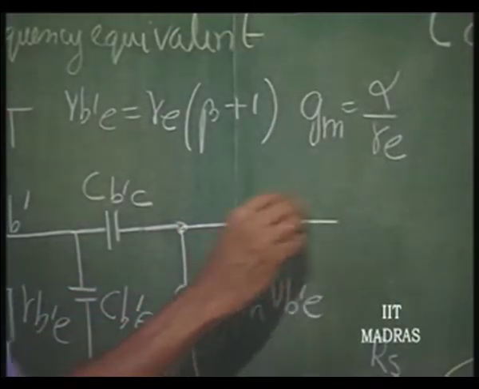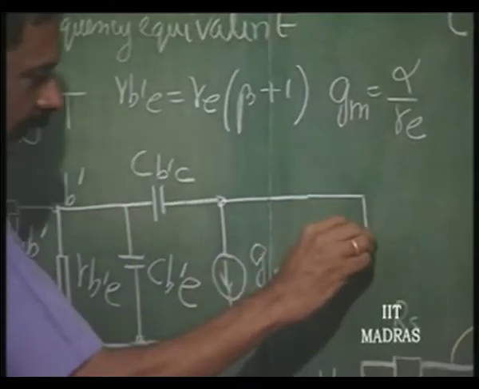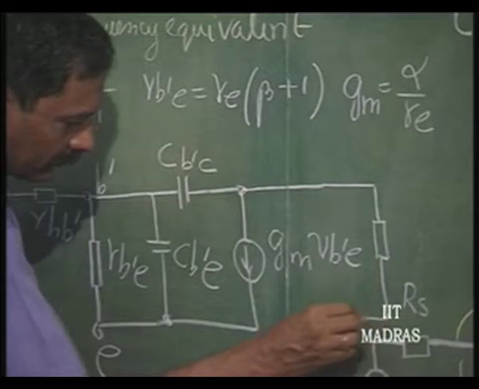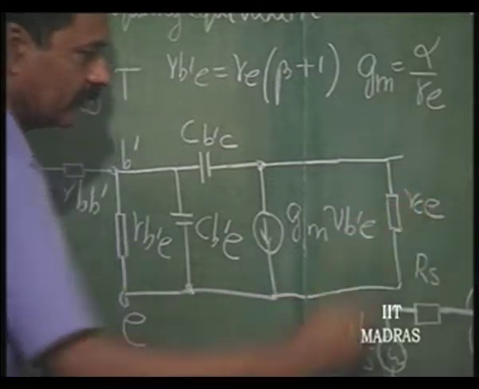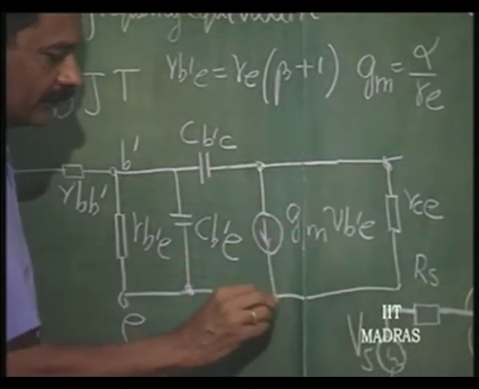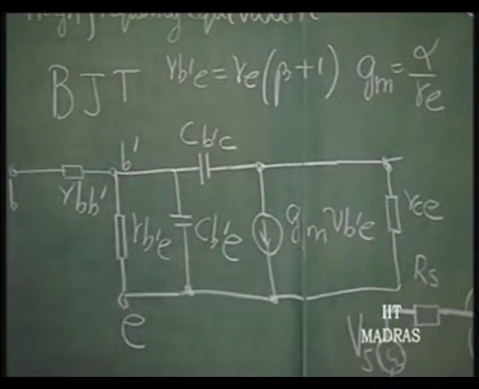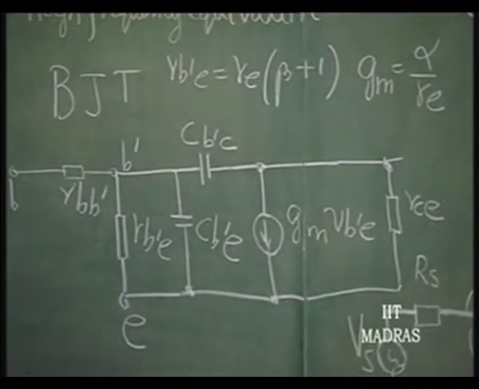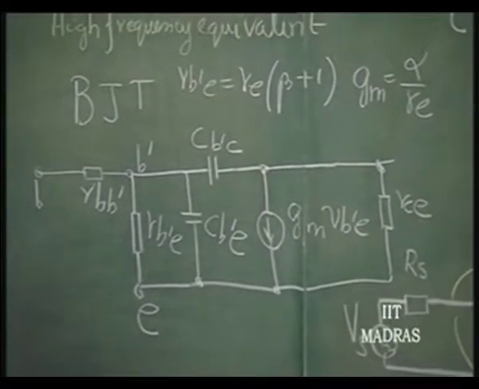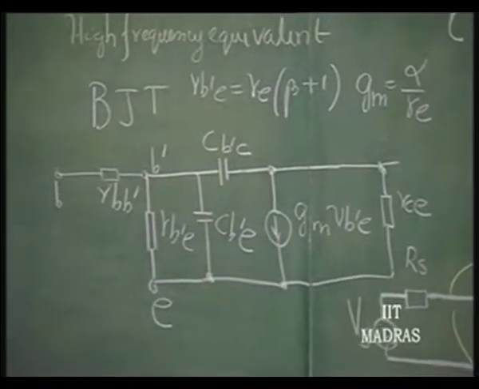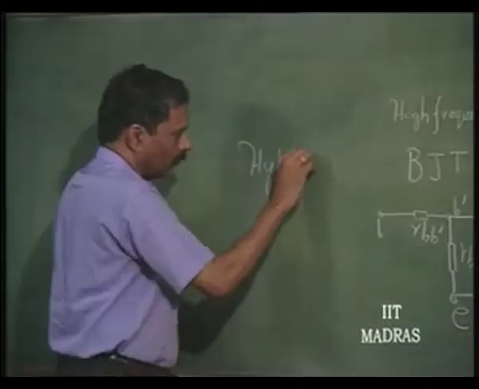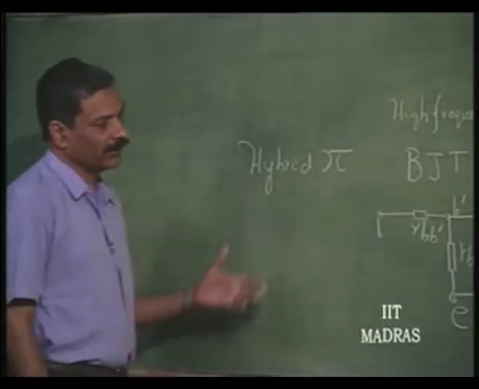That is going to give you the low frequency collector current, and across the collector we have the so called RCE. That current source is not an ideal current source. There is a shunt resistance RCE, typically of the order of few mega ohms in the case of integrated circuit transistors. So, this is what is called the hybrid pi equivalent circuit for BJT.